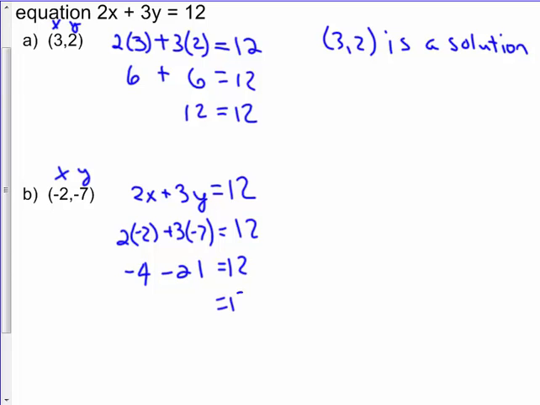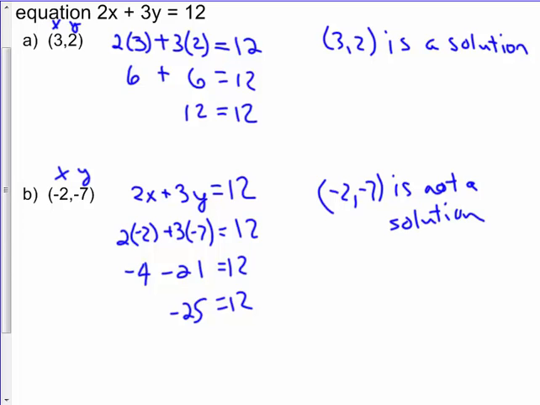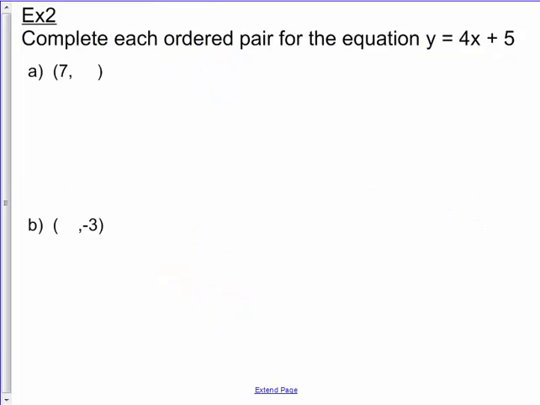When I add negative 4 and negative 21 together, I get negative 25. We know that is not equal to 12, so what can we say? We can say that (negative 2, negative 7) is not a solution. Does that mean that (3, 2) is the only solution? No, just that (negative 2, negative 7) is not a solution.